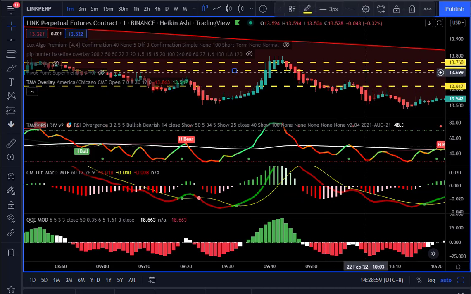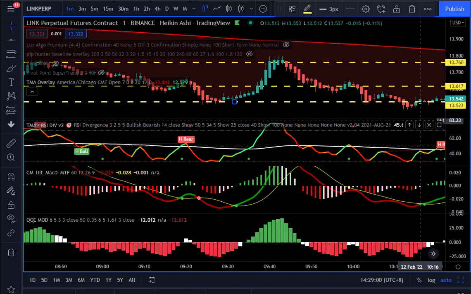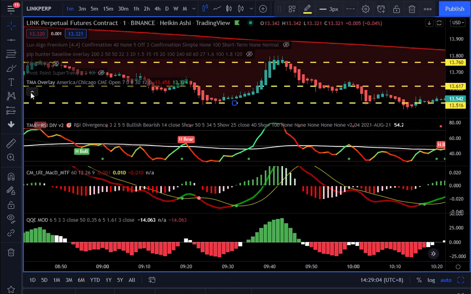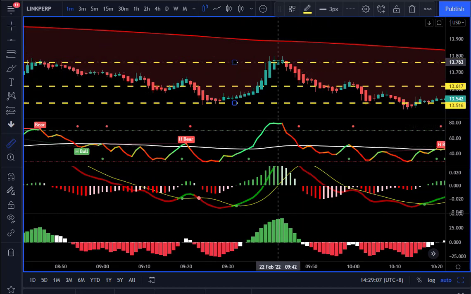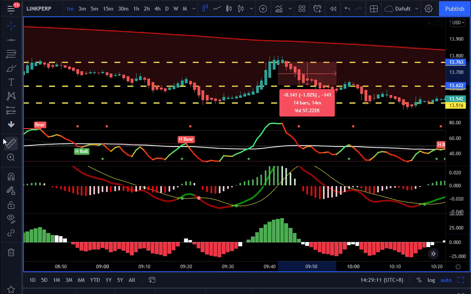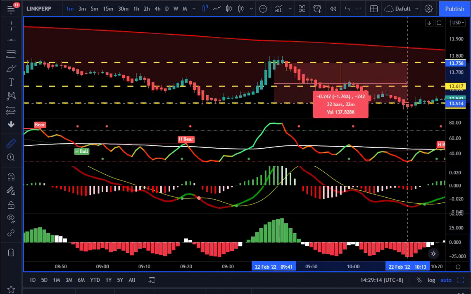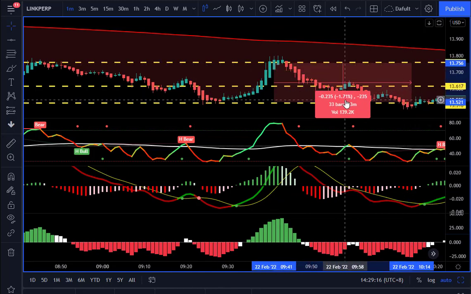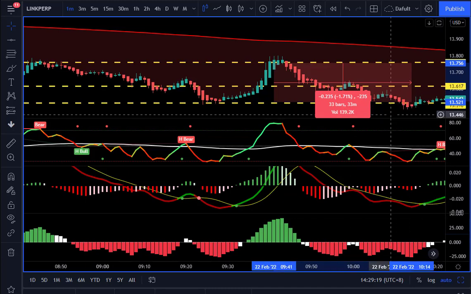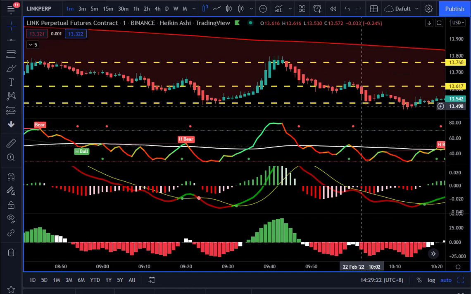If you close at the green dot, you will close around here. So the difference in earnings, let me close this, it's too cluttered: from here to here is 1.1%, about 1%. From here to here is 1.7%. So you get 0.7% more. But this does not always happen the way we want it to.